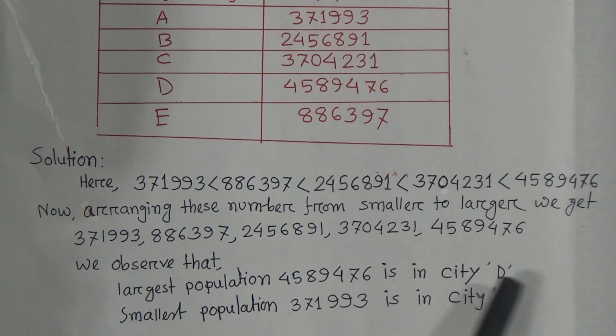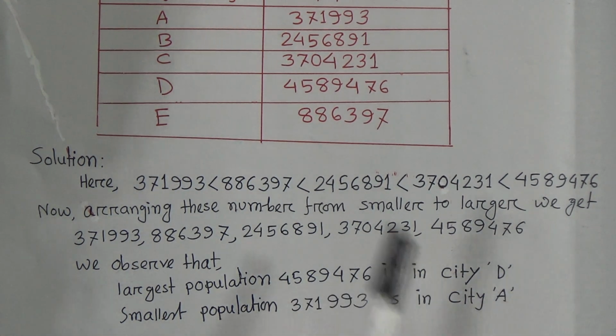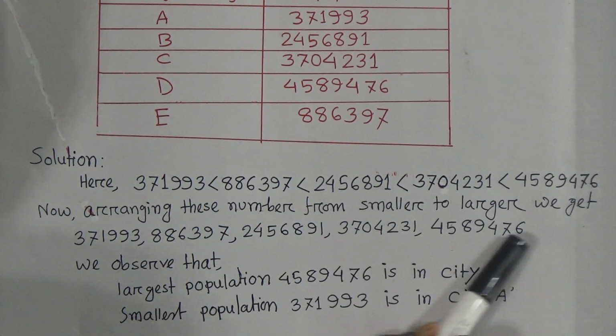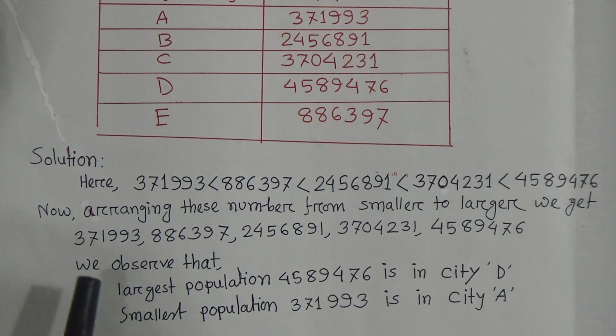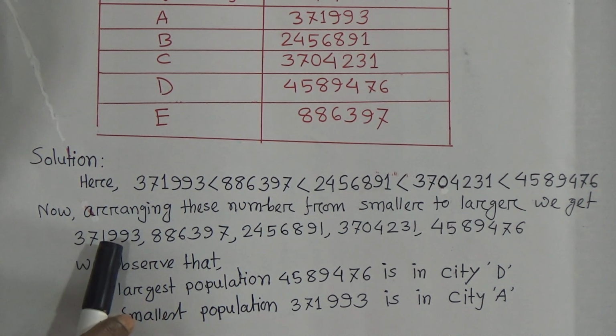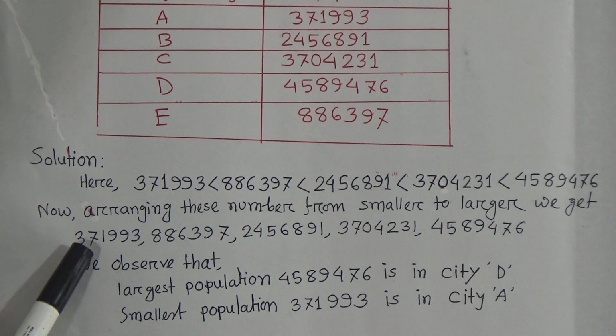And the smallest population, you see, among the populations, which one is the smallest? Obviously, this is 3,71,993. And this is the smallest population.